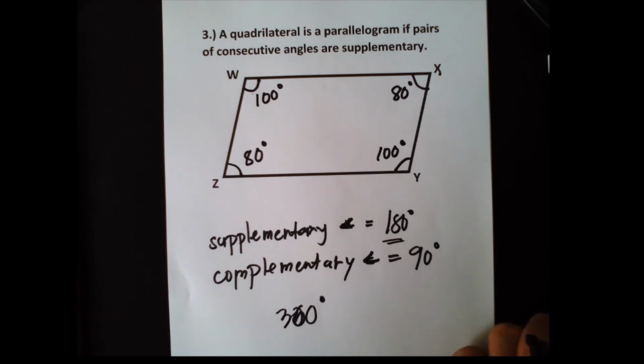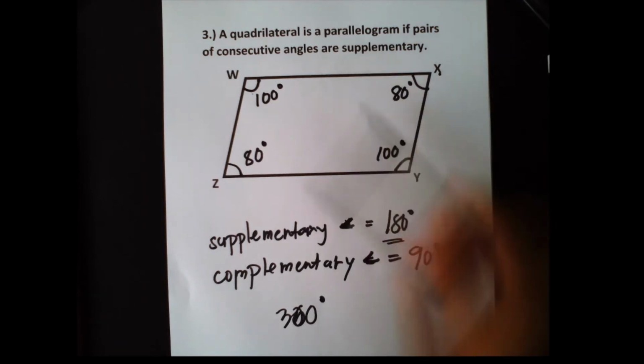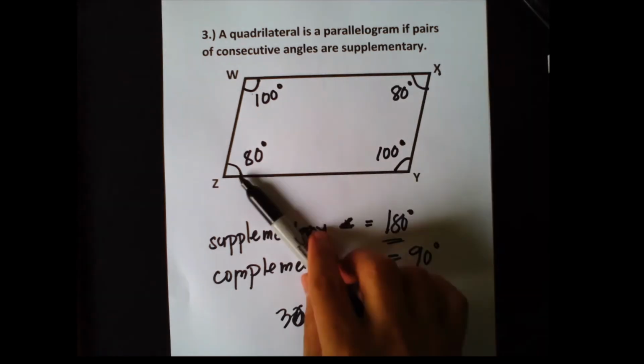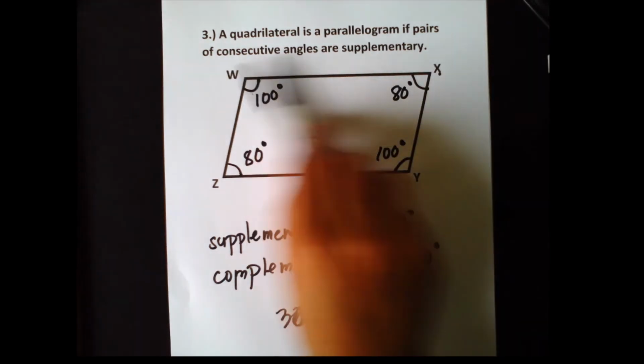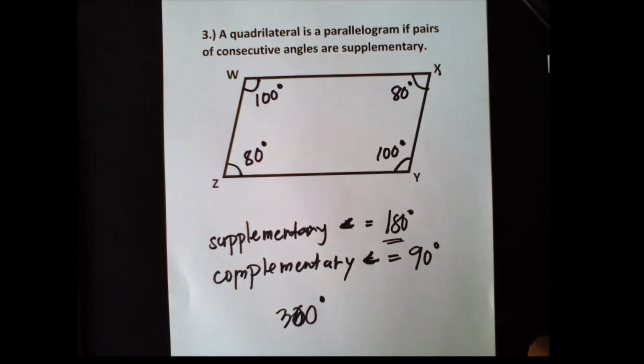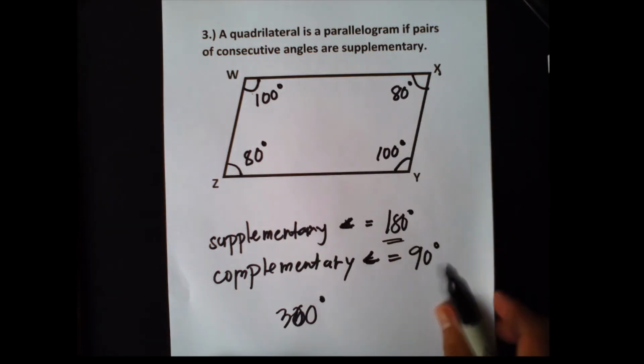So we can say now that this figure is a parallelogram because the consecutive angles are supplementary.